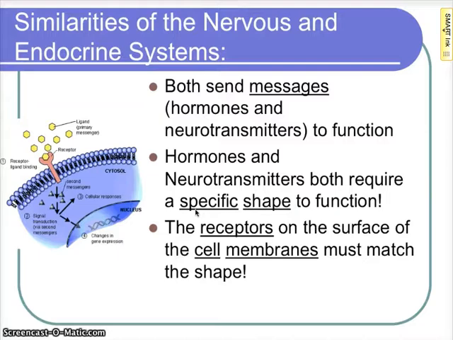So if that shape doesn't match for the receptor and the actual chemical, it won't be able to send its message and cause that response. So the receptors on the surface of the cell membranes must match the shape. And then you can see there's a response happening within the cell. Again, this is a picture of a cell with the cell membrane and that bilipid layer.